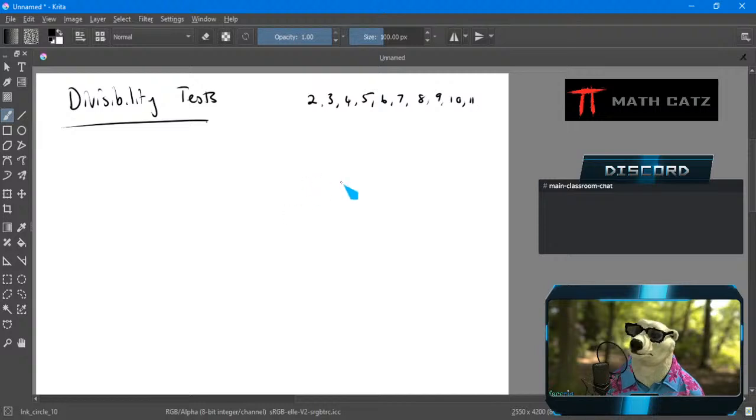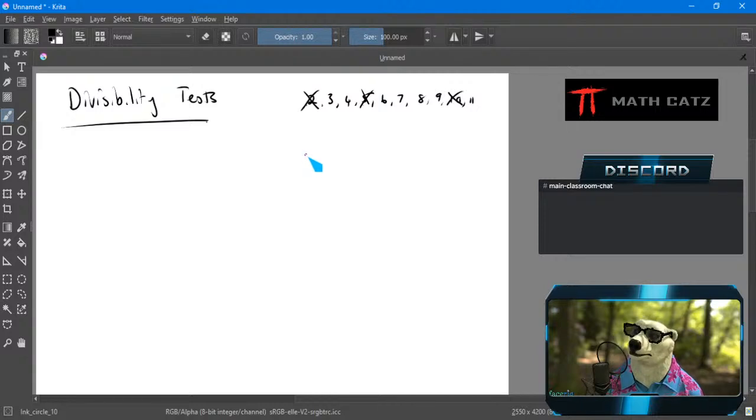Just, is there a remainder? Or does 3, for example, fit nicely into this number, forming one of its building blocks, so to speak? So we have already done 10, 5, and 2, and they were very familiar.